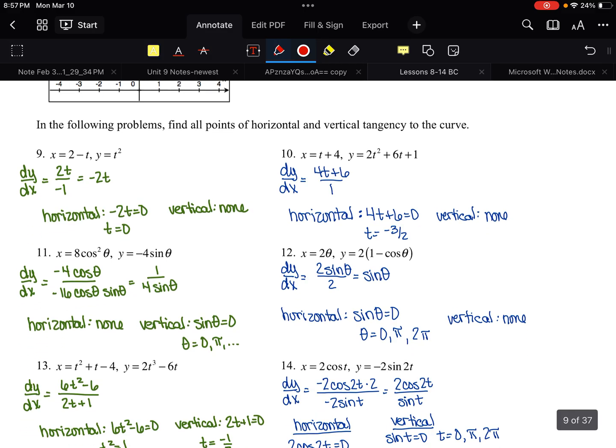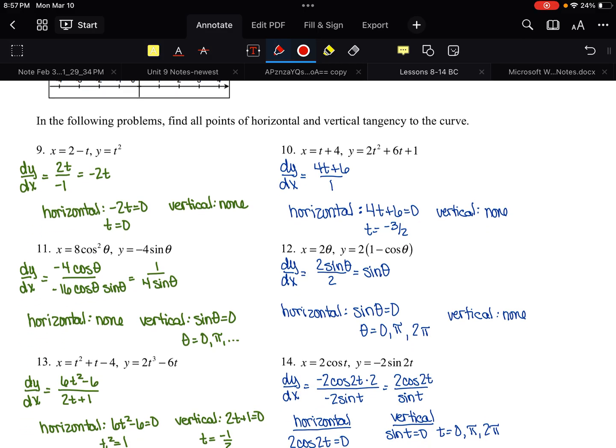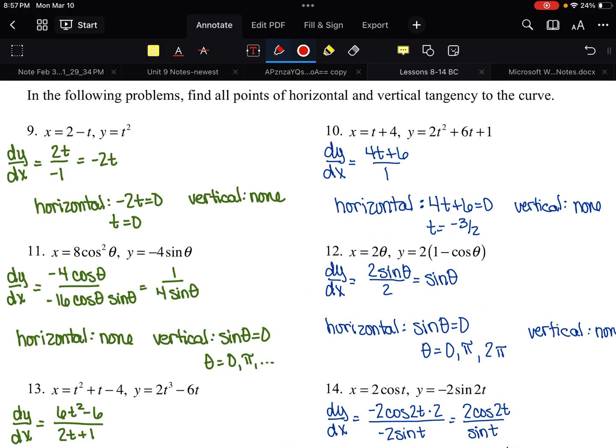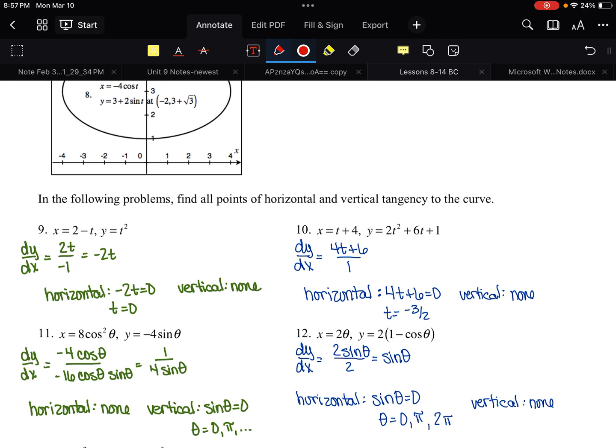So when are the tangent lines vertical and horizontal? So dy dx again. Vertical is when it's undefined, so you have 0 on bottom. I'm not going to go through all these. Vertical is when the bottom is equal to 0, so that's when dx is 0.